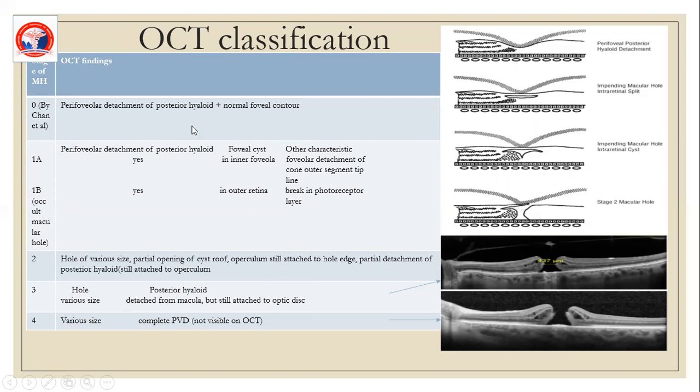Stage 3 will have all the similar findings that we saw in stage 1 and 2. In addition, in stage 3, we do have a posterior hyaloid detachment from the macula.